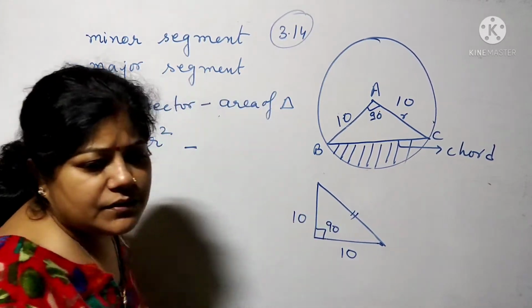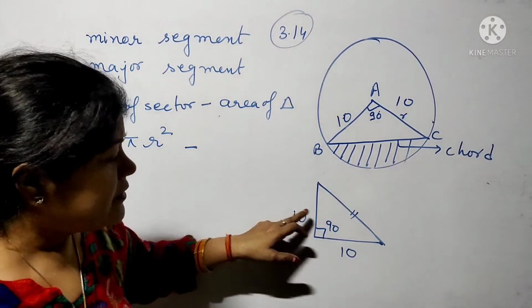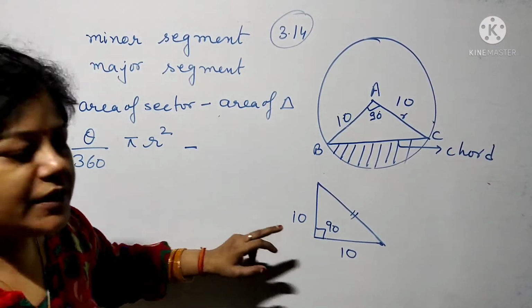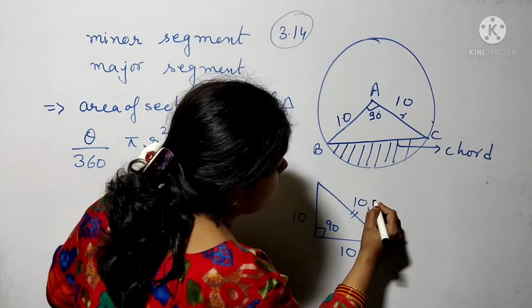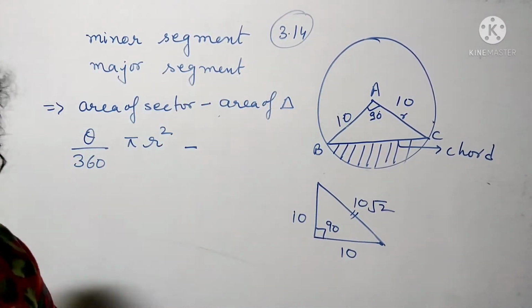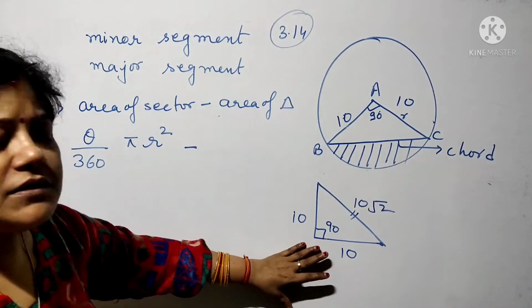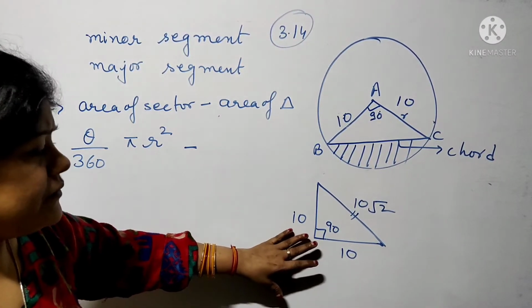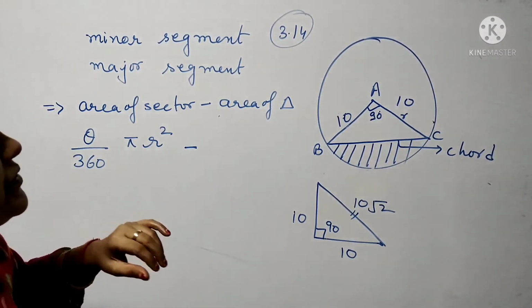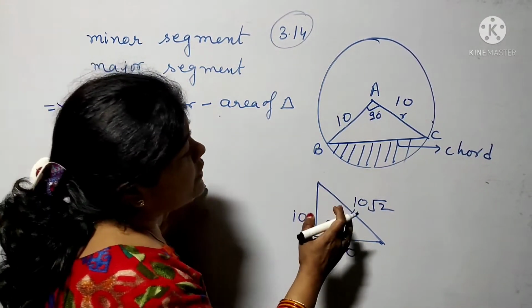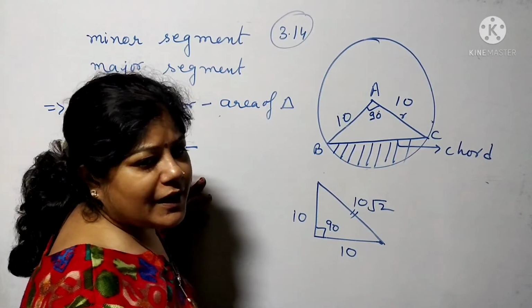Applying the Pythagoras theorem, 10 under root 2 comes out. Clear? So, what is the area of this triangle? We can use half base into height.